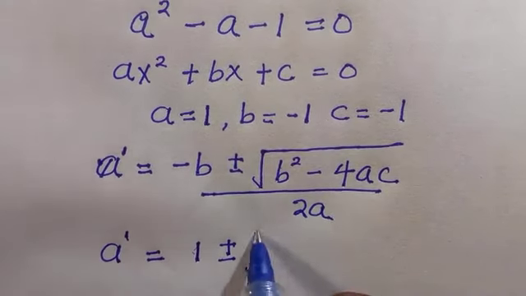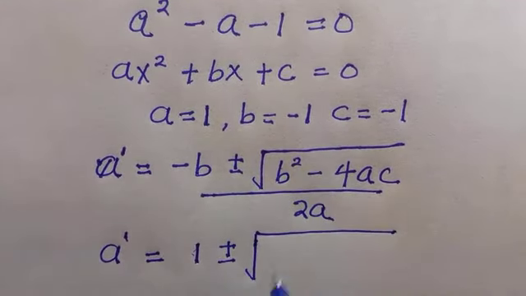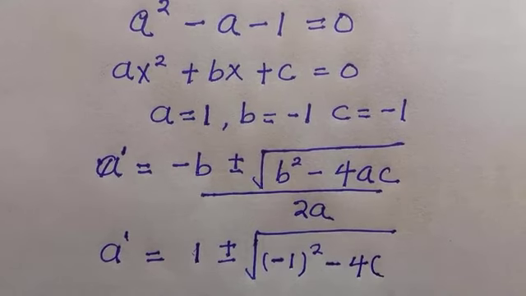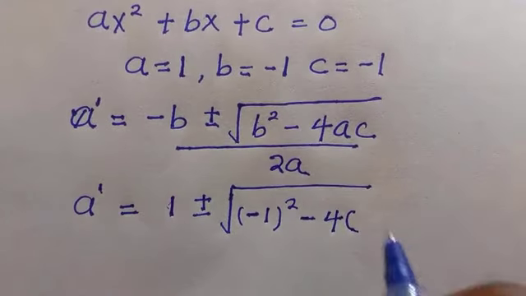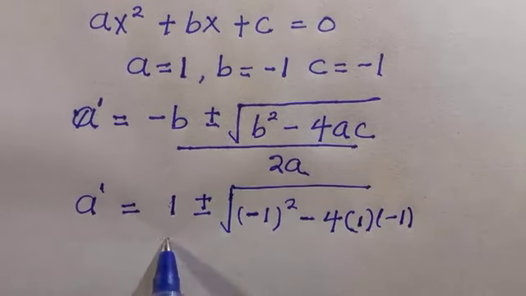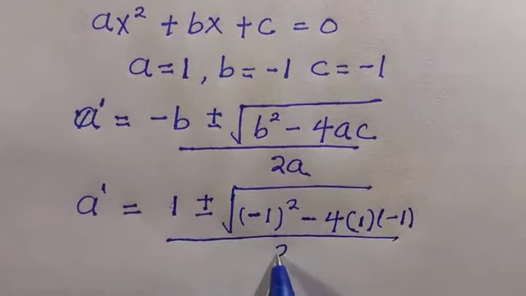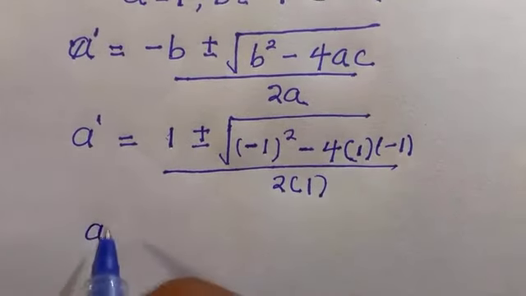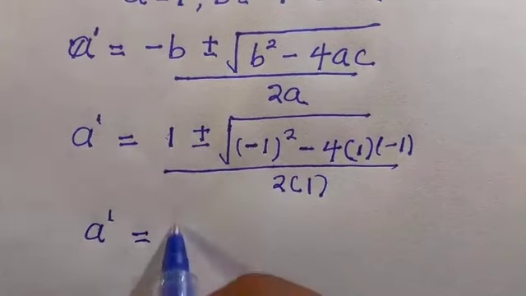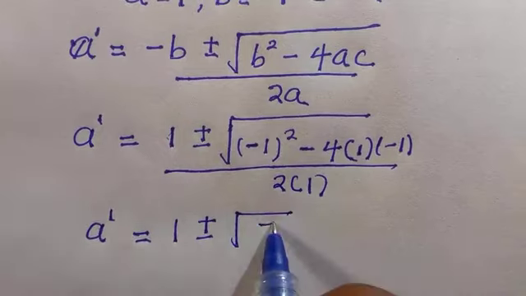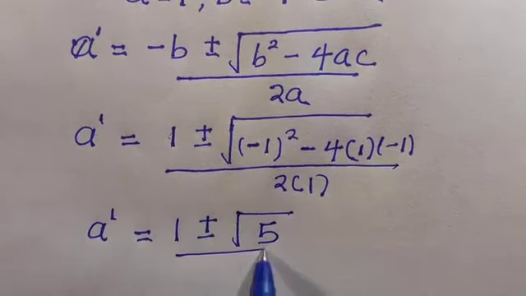Then here is the root of minus 1 raised to power 2 minus 4, and a is 1, and b is minus 1, c is minus 1, all divided by 2 bracket 1. And here we have a prime equals 1 plus or minus the square root of, the whole of this is 5, divided by 2.